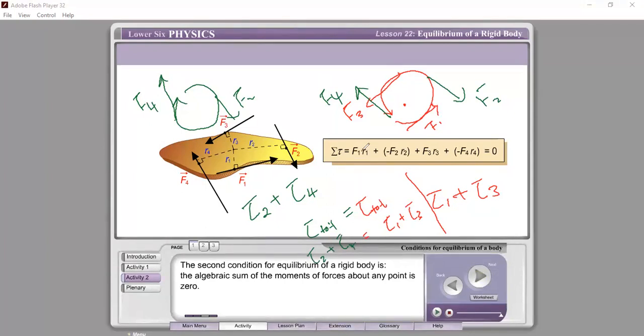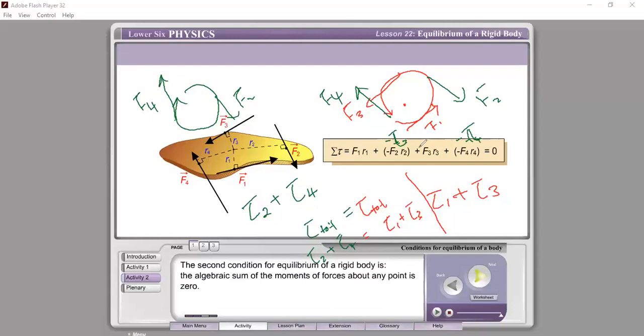From here, we notice this will be negative torque 2 and negative torque 4. If I move them to the other side, negative becomes positive. And F1 R1, F3 R3 will remain at the left side.